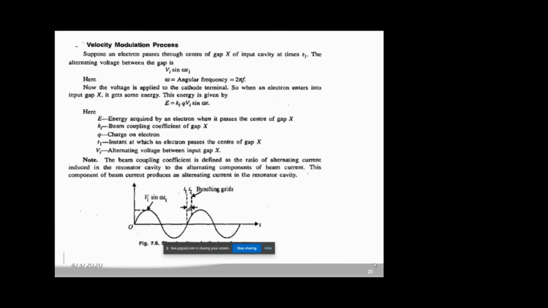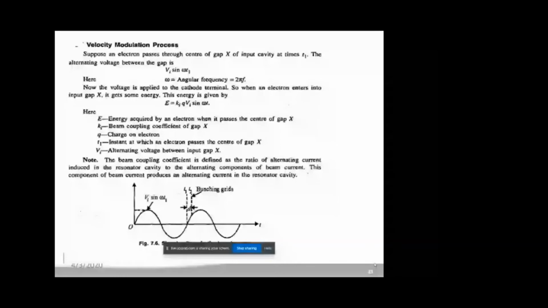Suppose an electron passes through the center of gap X of the input cavity at time T1. First of all, try to understand what gap X is, what the input cavity is, what gap Y is, and what the drift space is, that is, the space for interaction.